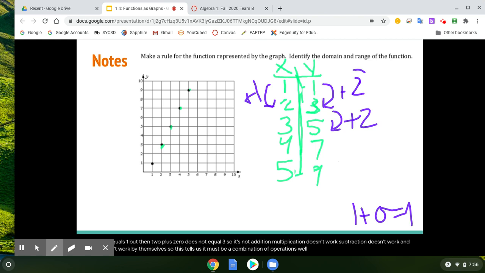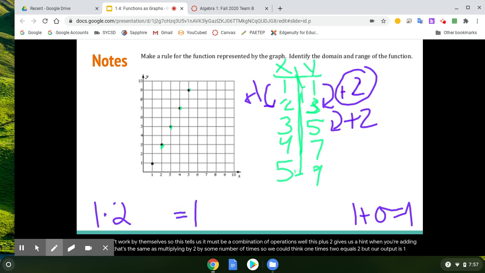Well, this plus 2 gives us a hint. When you're adding 2 repeatedly, that's the same as multiplying by 2 some number of times. So we could think 1 times 2 equals 2, but our output is 1, so we'd have to subtract 1.